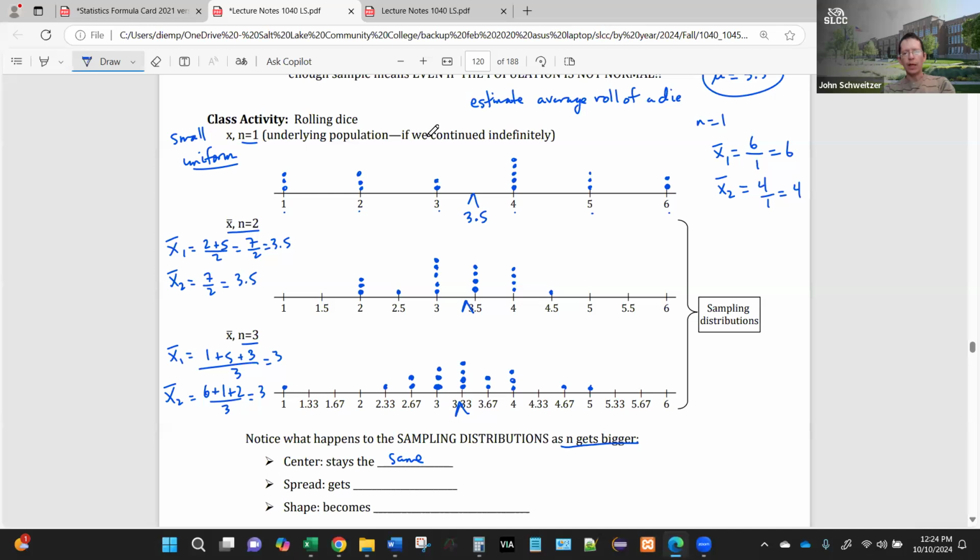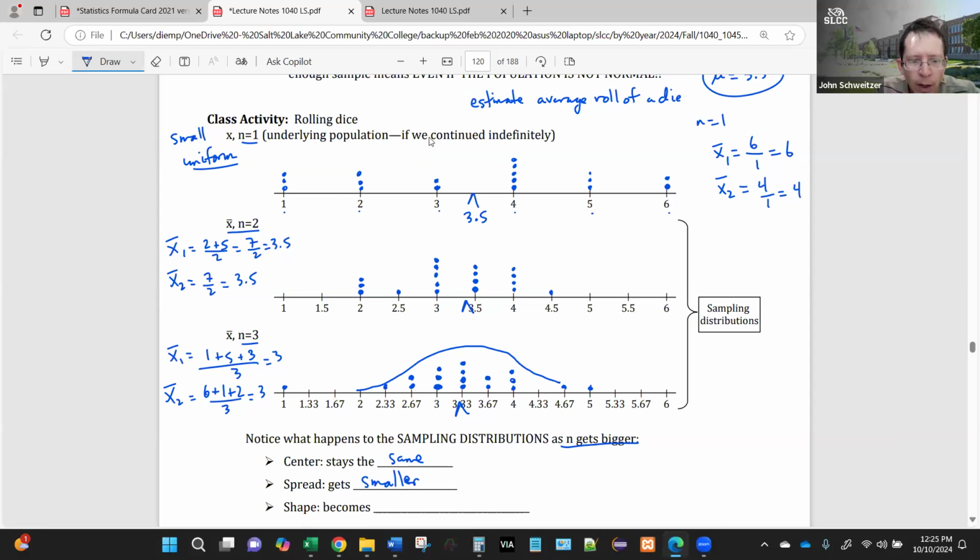But what happens to the spread? With a smaller sample like this, the comparison is not super clear, but I think you can tell it is starting to get a little bit more compact here in the middle. So the spread, at least in theory, is supposed to get smaller. And that's exactly what we saw with our p-hat sampling distribution, right? The larger the sample size, the more compact, the less the standard deviation.